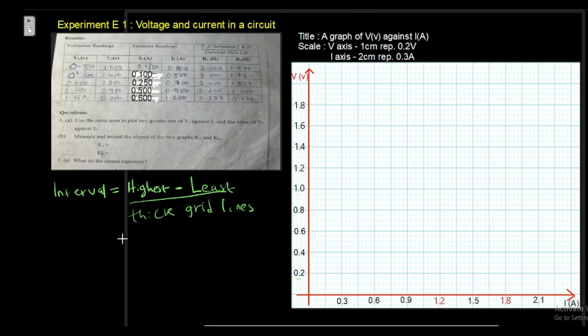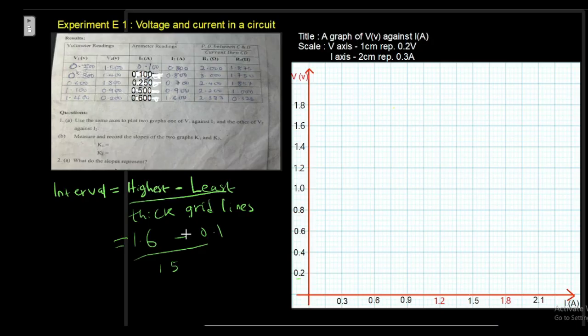So simply say 1.6, being the highest value, minus the least value, which is 0.1, divided by 15. 1.6 minus 0.1 will give you 1.5.